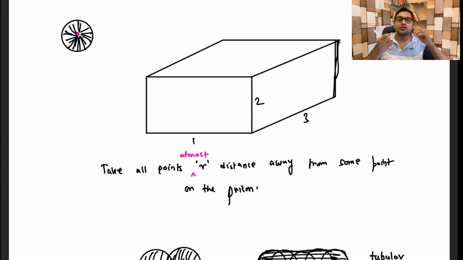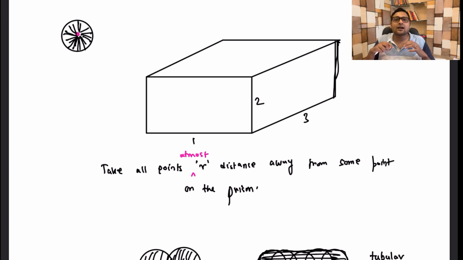So now all the points which are at most R distance away from a single point is not a disk, it's a sphere. It's a solid sphere with the interior, right? So you do this for every point and it will sort of become like a coating, like a cloud over the entire prism.